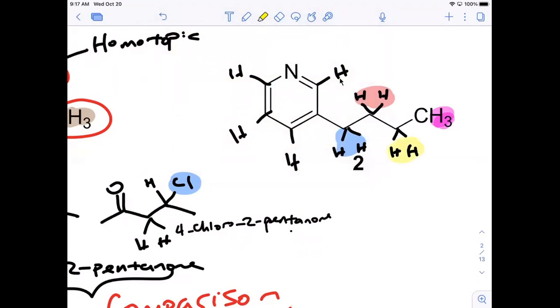Okay, good. So you're saying the CH2s, each one of those is homotopic within itself, but compared to the other CH2s, they're not the same. Is that what you're saying? Yes, sir. Okay, all right, good. That's what I was trying to get at. So in that chain, that's going to give you at least 4 signals.